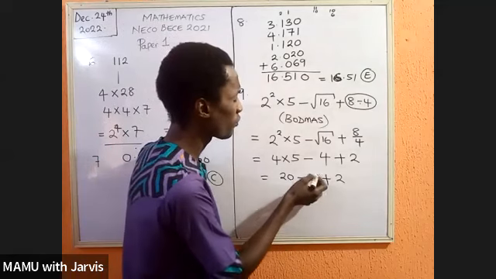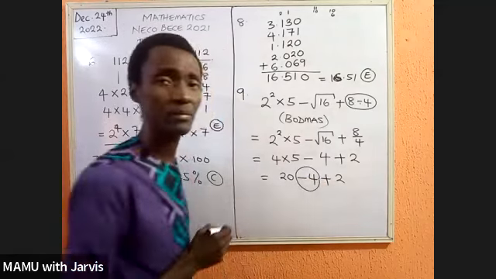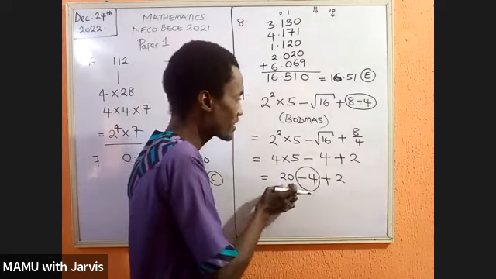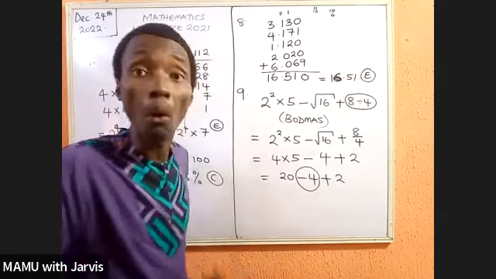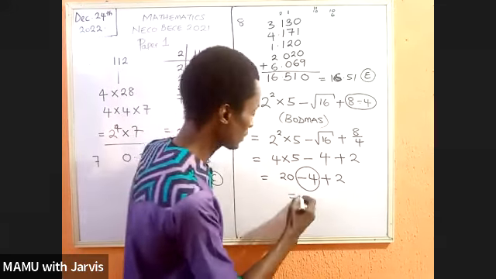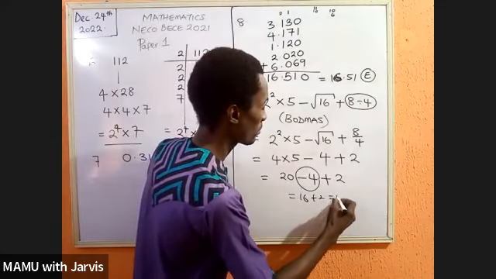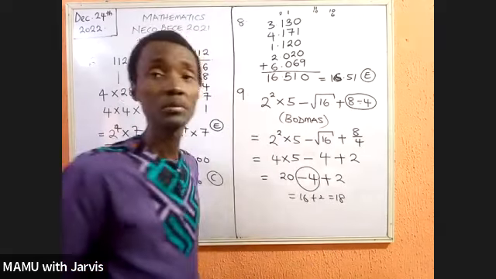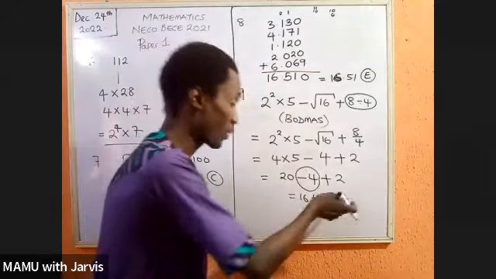What is the value of 4? 4 is negative here. This is positive, this is positive. So I will add up 20 plus 2. Or I can say 20 minus 4. That will give me 16 plus 2. That will give me 18.